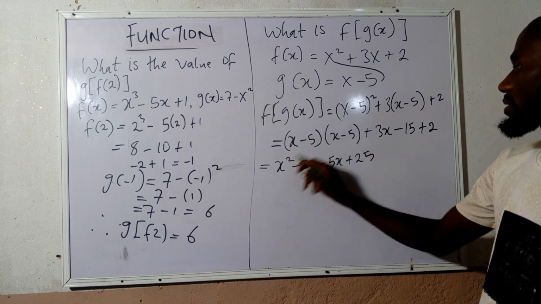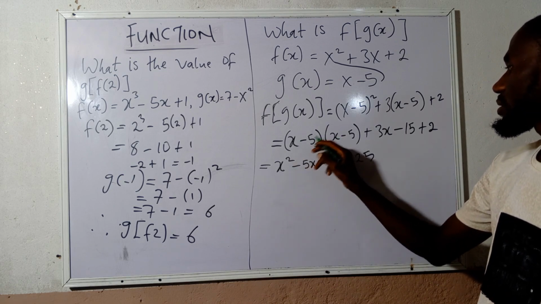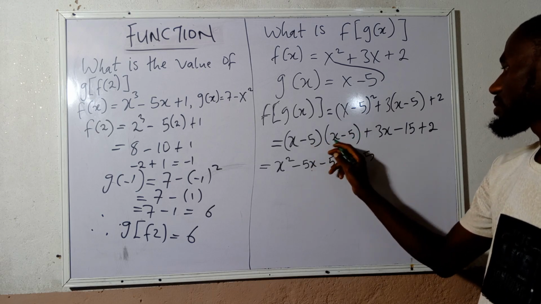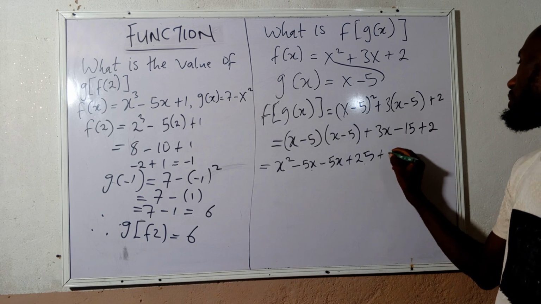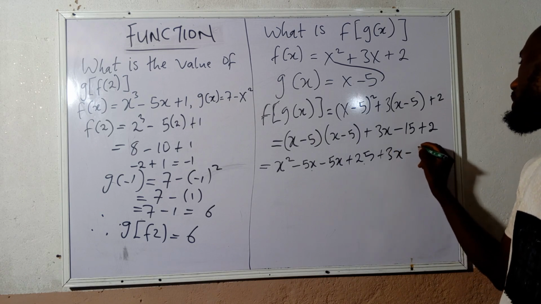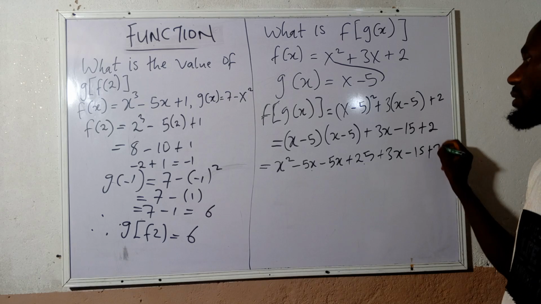That is, multiply x times x, x times minus 5, minus 5 times x, minus 5 times minus 5 is plus 25, plus 3x minus 15 plus 2.